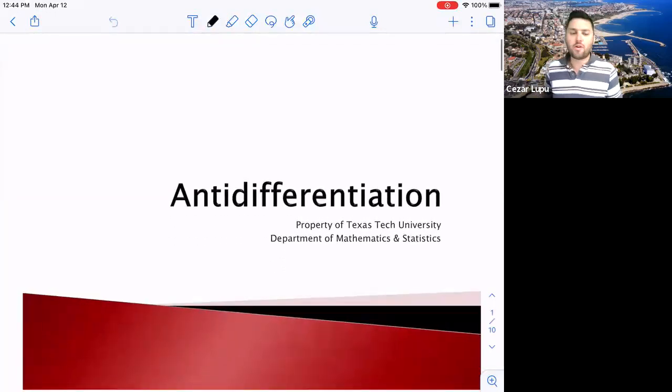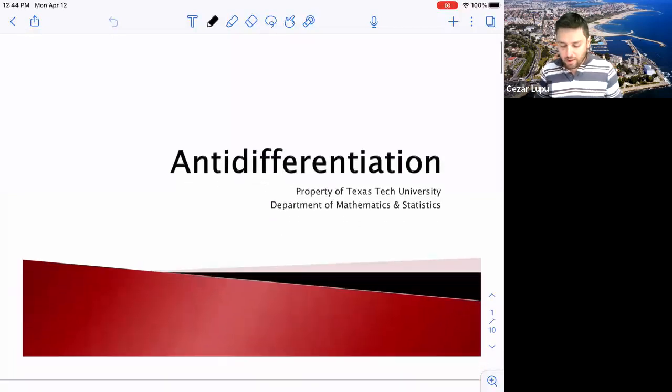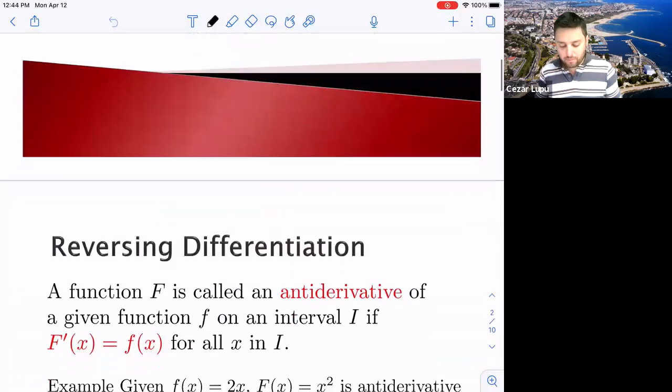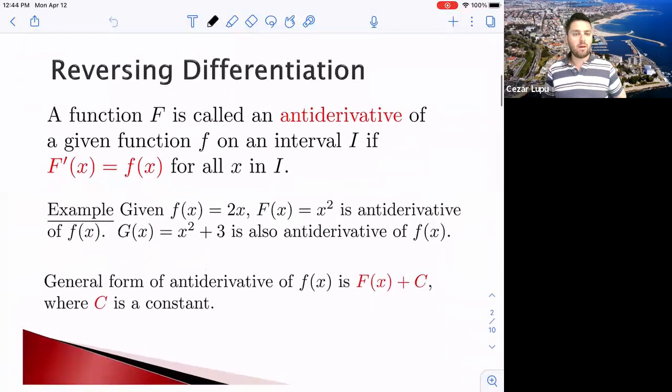All right, so first we would like to see what anti-differentiation is all about. So let's dive in directly and see exactly what we mean by anti-differentiation. Well, as you can imagine, there must be some kind of a way.